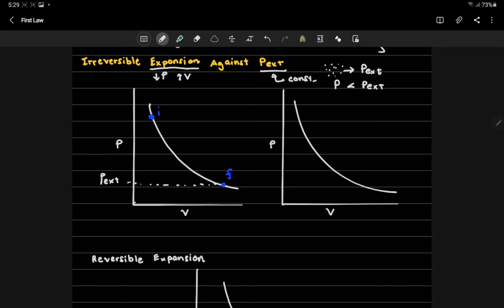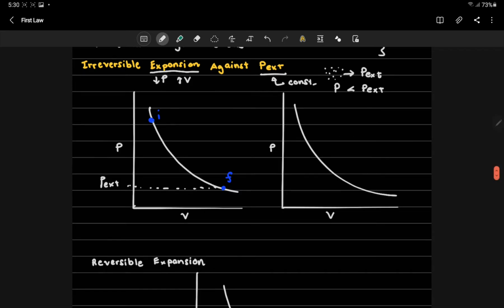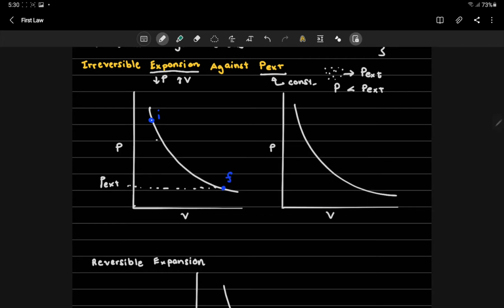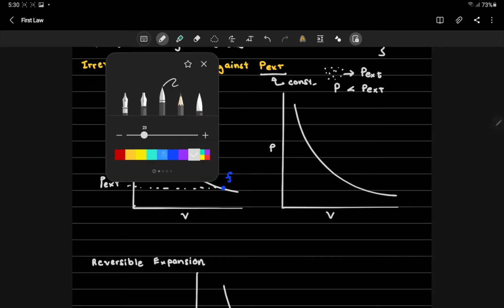So anong gagawin natin para umabot from initial state to the final state? So to get to the external pressure constant, ang gagawin natin is we will lower the pressure at constant volume by lowering the temperature. So, ganito siya. Okay, and let me use another color for this.